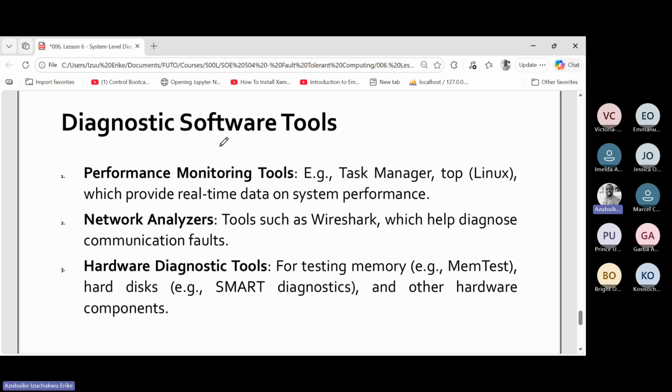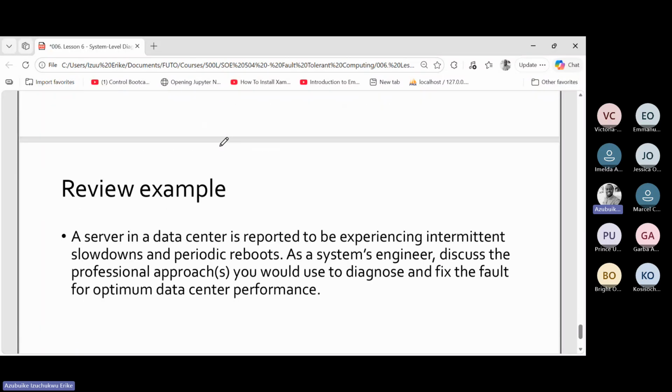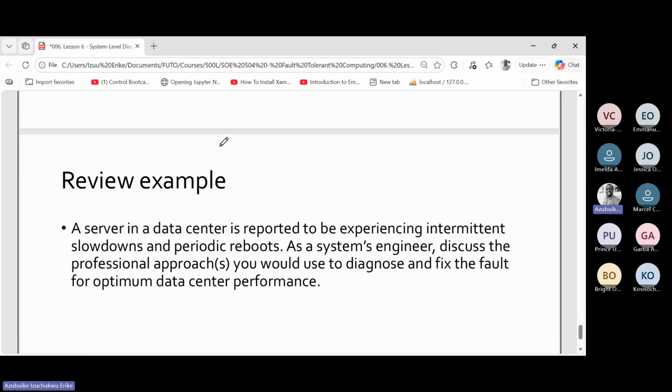You also have network analyzers, tools such as Wireshark, that help us to diagnose communication faults in a networked environment. Okay, you have hardware diagnostic tools for testing memory and other hardware components. So you also need to have this in your toolbox. And that is the end for this particular class.